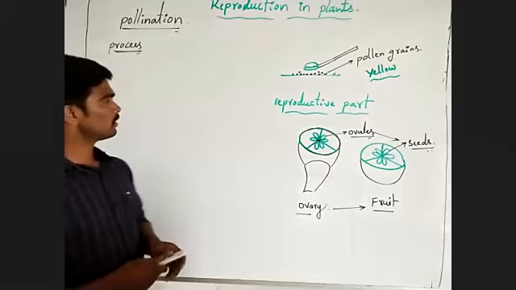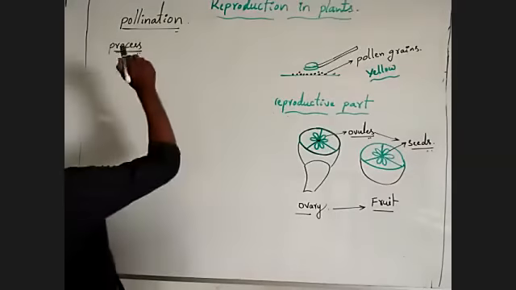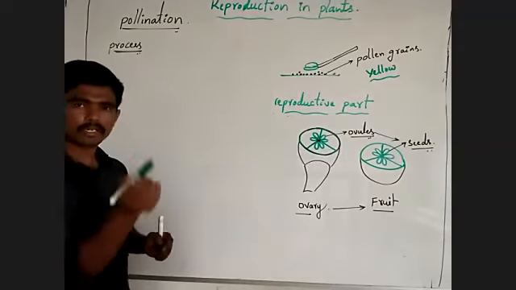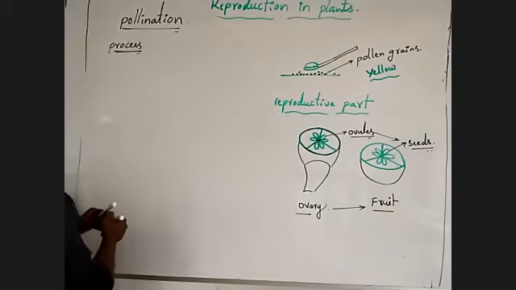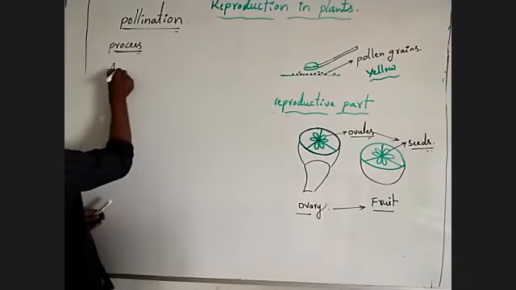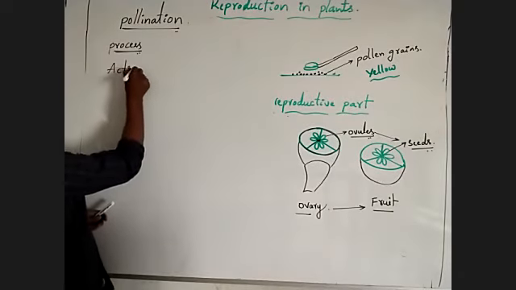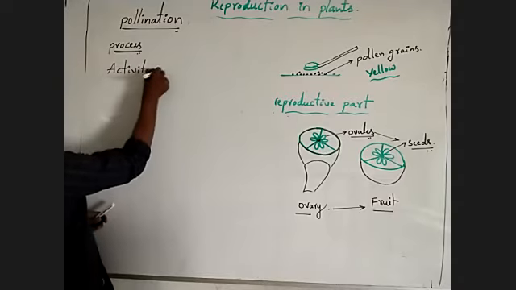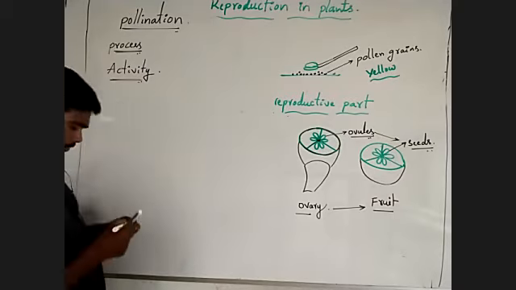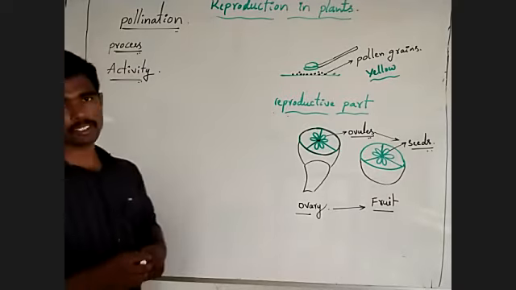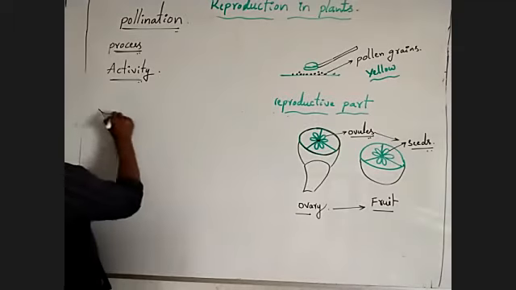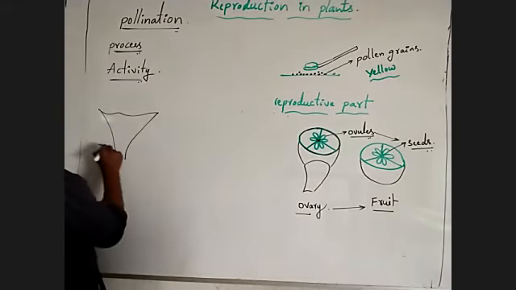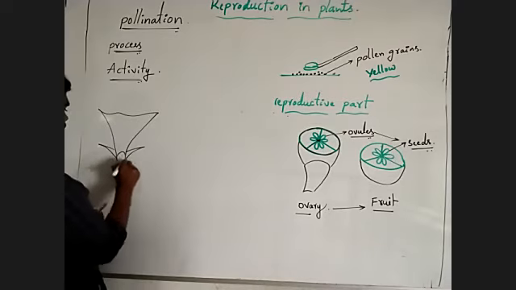Okay, observe how pollen grains transfer from anther to stigma. Let us see. Here there is an activity to observe the pollination process. In this activity, you have to select 10 flowers.